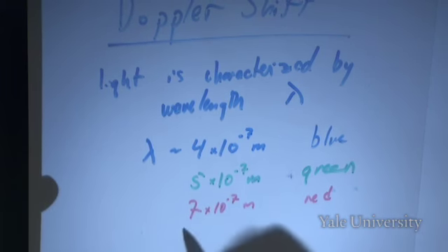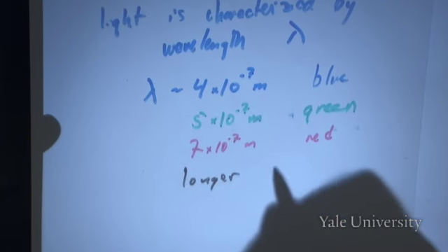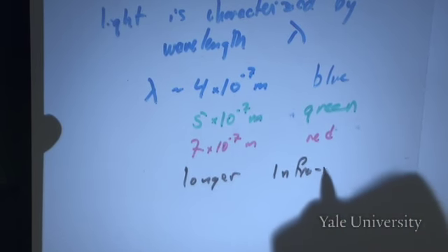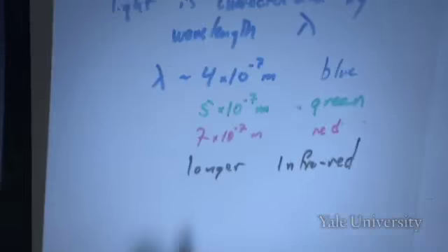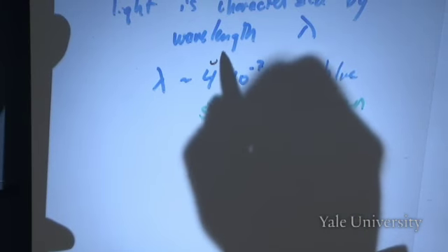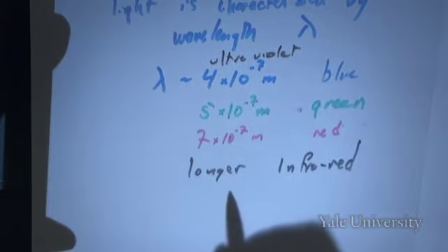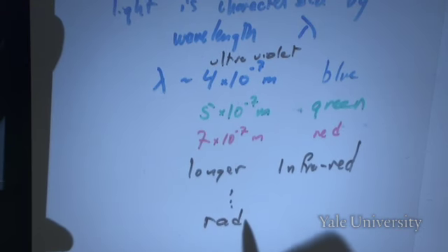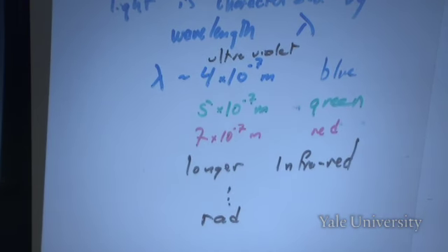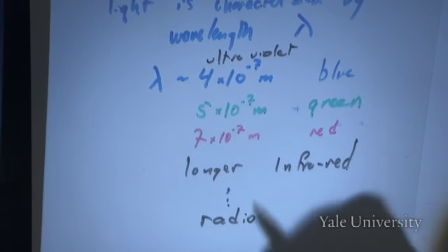Longer wavelengths are what we call infrared. And shorter wavelengths that we can't see are called ultraviolet, up here. And if you get really, really long, if you have like meter wavelengths, that's radio waves out here.